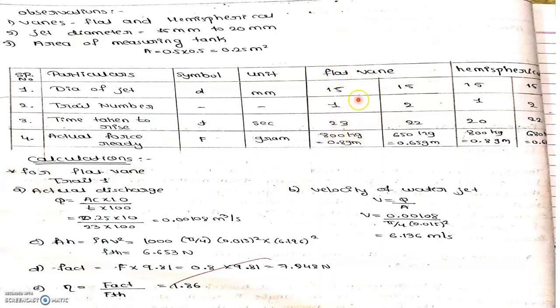Now they have done the calculation taking this data sheet. The actual force reading, which we noted while conducting the experiment, is around 800 grams. We have written it wrongly; it is 650 grams. Now they have done the calculation with theoretical values. They found Q actual, and similarly they found the efficiency.